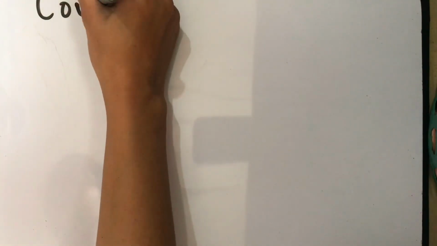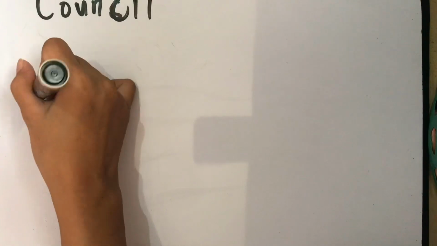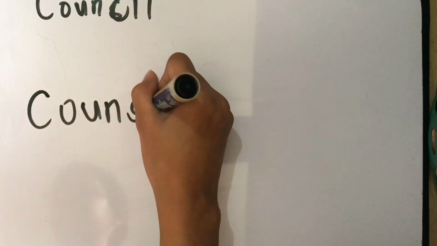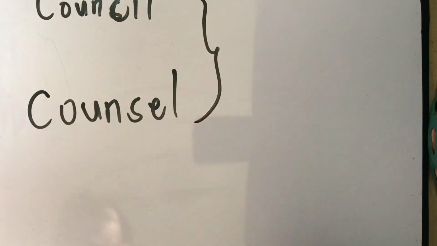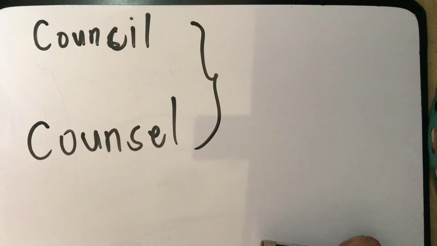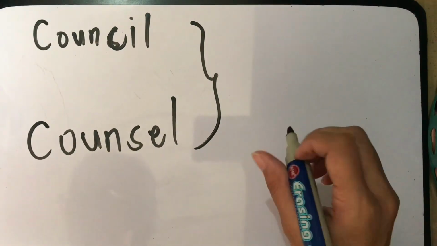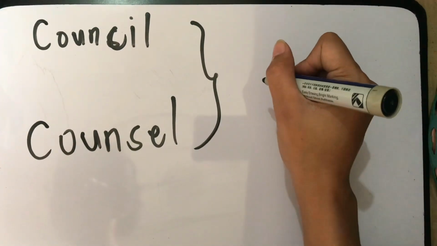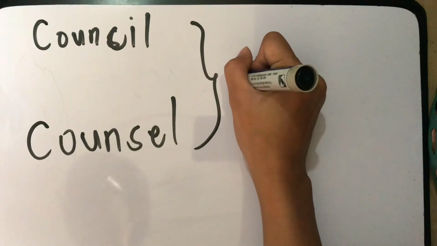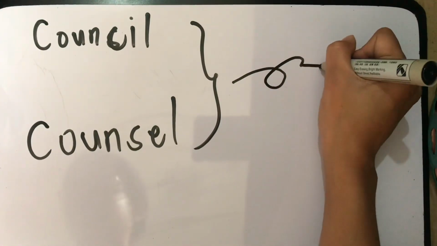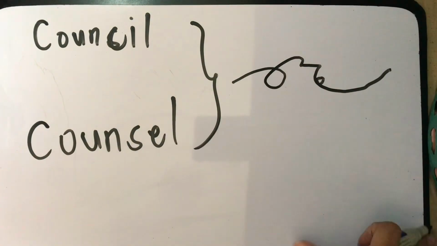So let's move on to our main topic in lesson 46. It is differentiating between council and counsel. So we have similar words, council and counsel. Those are different things, but they also have the same strokes.